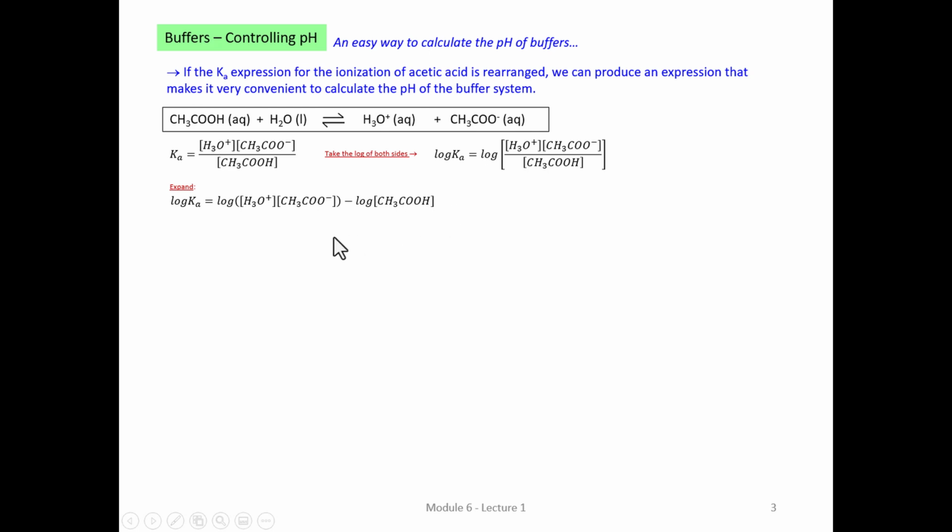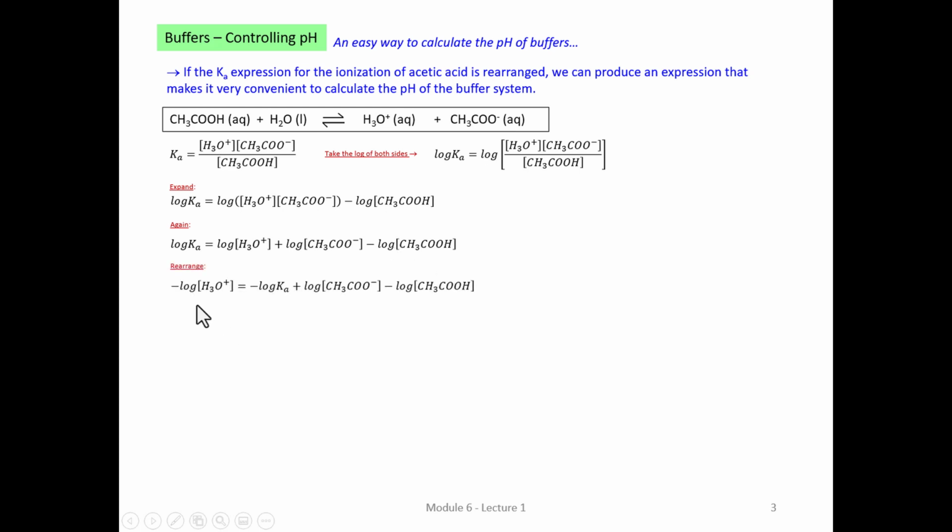We can then continue to expand and remember that the log of a product is equal to the log of the first term of that product plus the log of the second term, and then we retain the minus log here.